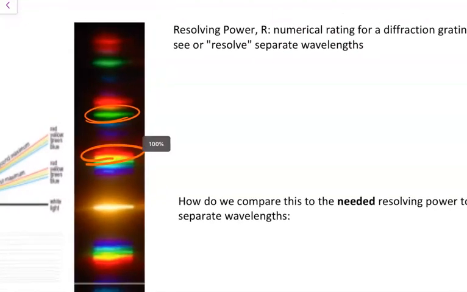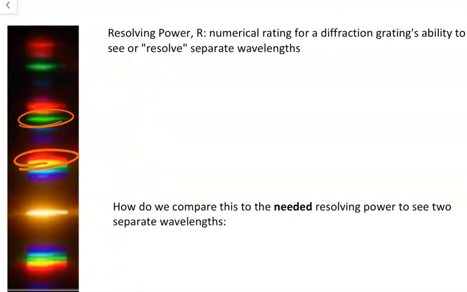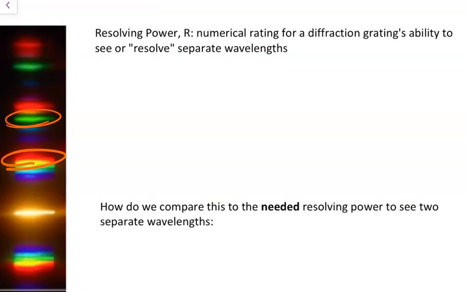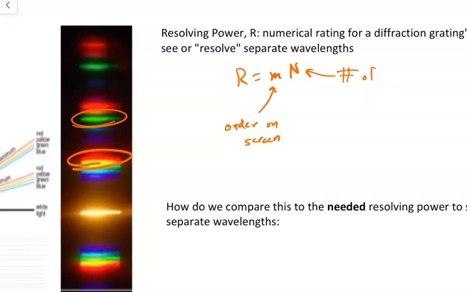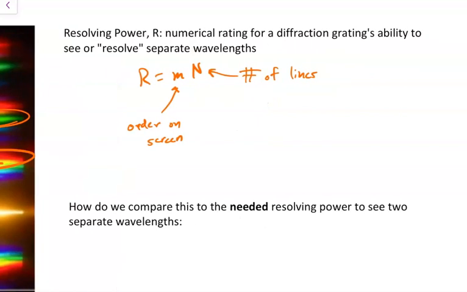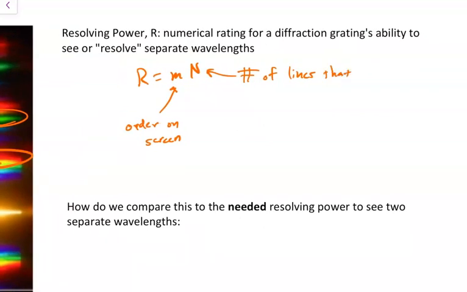So the resolving power of a diffraction grating is the numerical rating that the diffraction grating has to be able to resolve or separate wavelengths, or see these separate wavelengths. And this is R is equal to Mn, where M is the order, like order on the screen, and N is the number of lines that light is incident on.